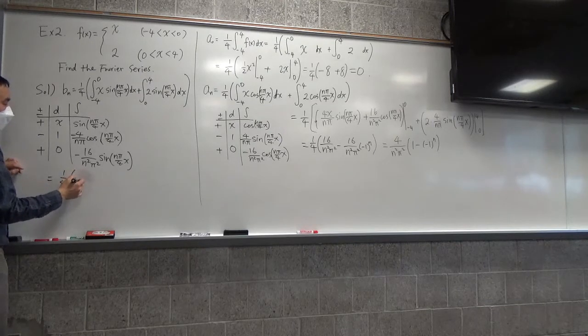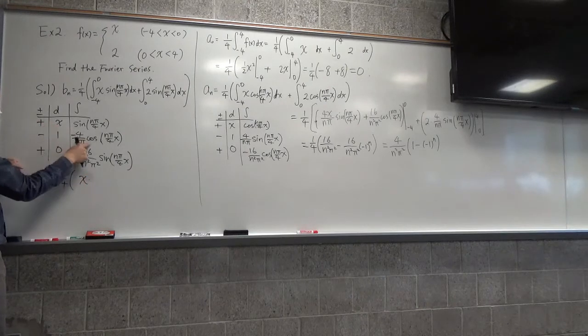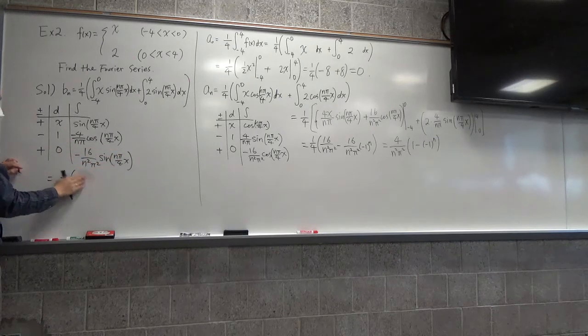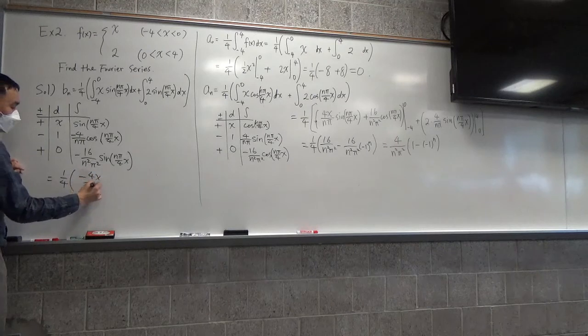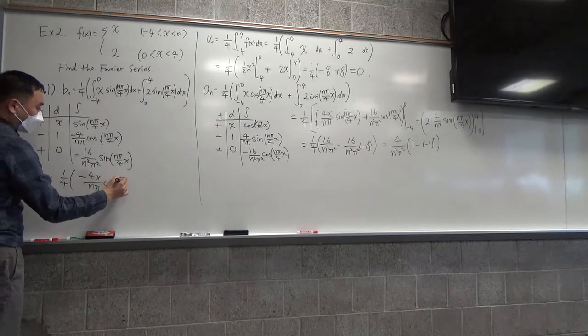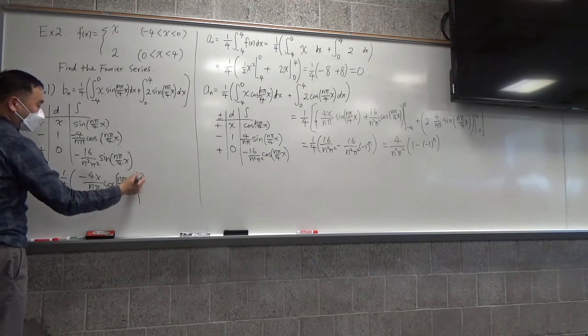Actually, okay, let me just write everything down because it might be too confusing if I skip several steps. So let's just do this times this. I'm going to ignore the sine one because that's going to be giving you 0. So the only non-zero term will be provided by negative 4x over n pi cosine n pi over 4x, and for this one, you have to plug in 0 and negative 4.